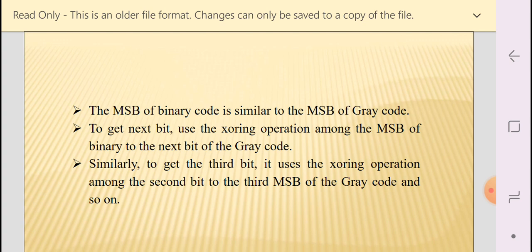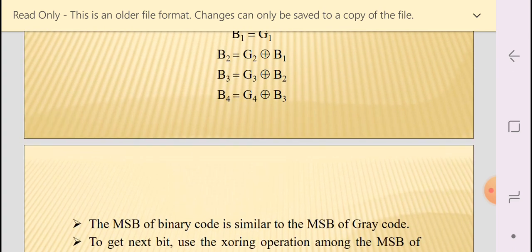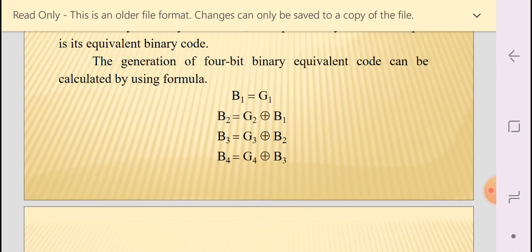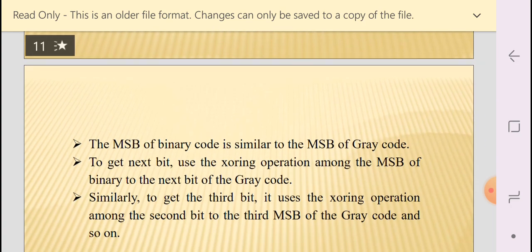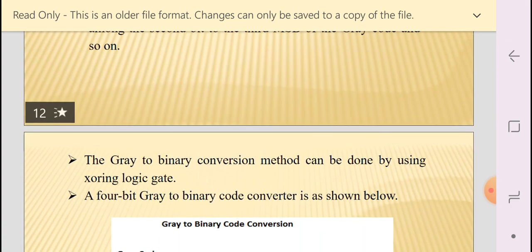Similarly, to get the third bit, use XORing between the second bit of the binary and the third bit of the gray code, and so on. So this is the ongoing process, as you go through each bit. Okay. Next slide.